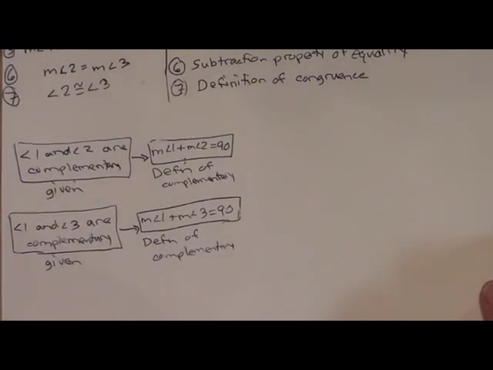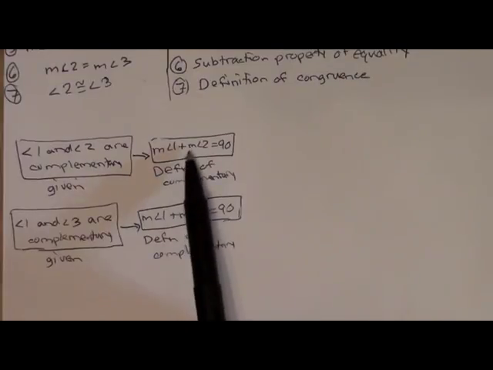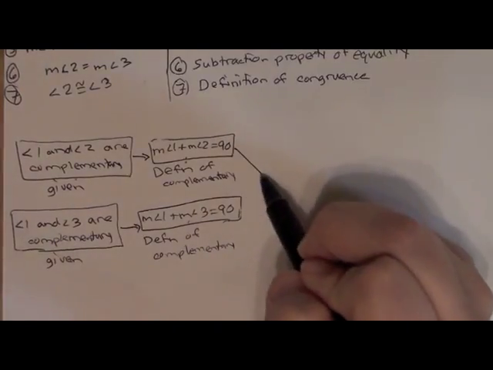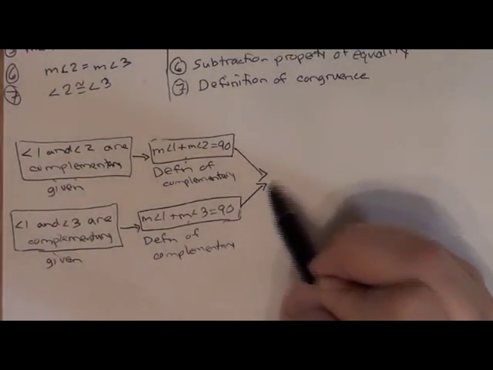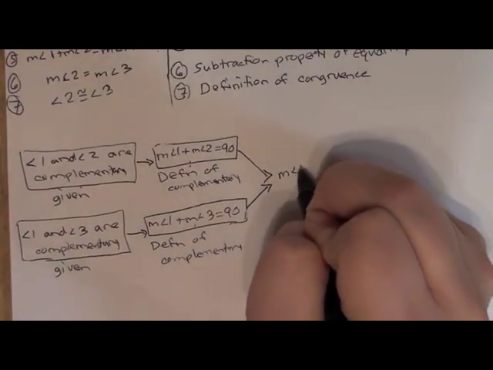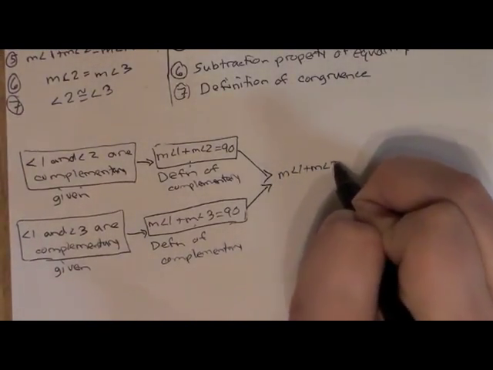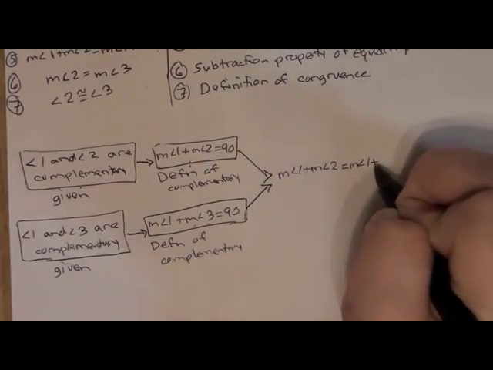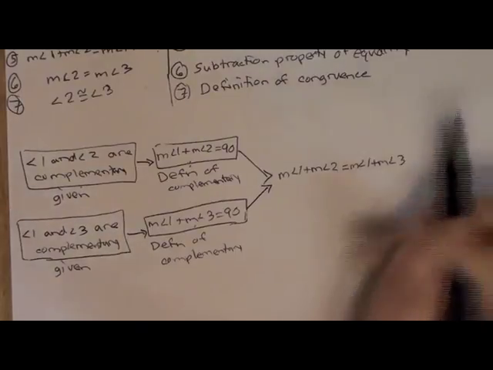In your 2-column proof, well, those locations are fairly important. Here's the information from row 2. Here's the information from row 4. They need to come together to give us the information in row 5. That is the measure of angle 1 plus the measure of angle 2 equals the measure of angle 1 plus the measure of angle 3.